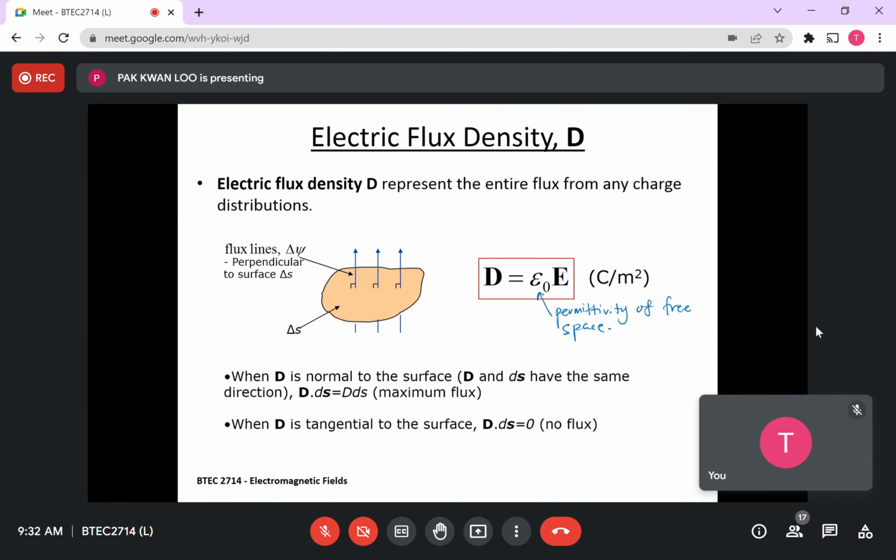Free space means the medium, and we consider the medium in free space to be air, for example, air and vacuum.